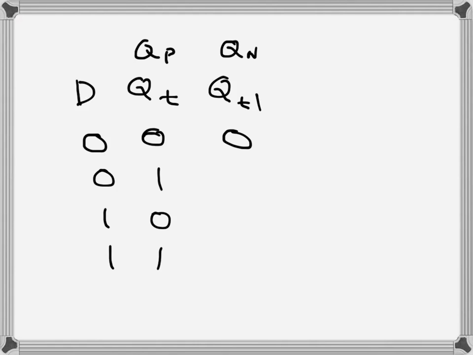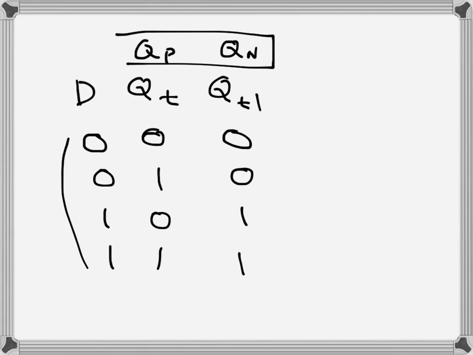Now we know that for a D flip-flop, whatever is at the input with the clock goes to the output. It doesn't matter what the present state is, the next state is always whatever is at the input. So we can just copy this column into the next state: 0 0 1 1. So that's how it will be if it is a D flip-flop.